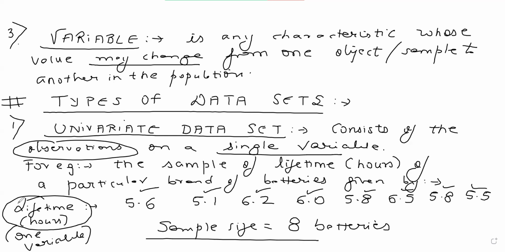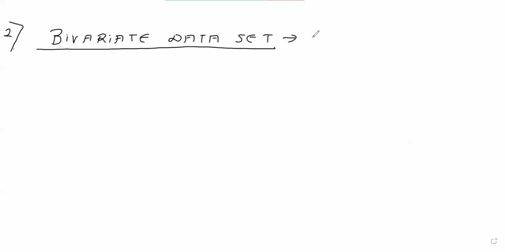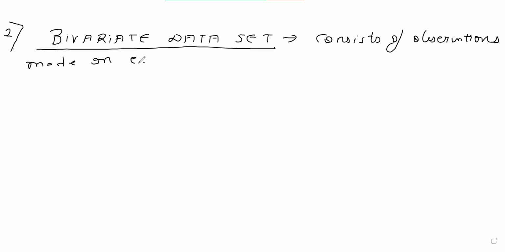Then let's look at the second type of data set called bivariate data set. Bivariate, as the name suggests, contains two variables under study. So students can write that the bivariate data set consists of observations made on each of the two variables.